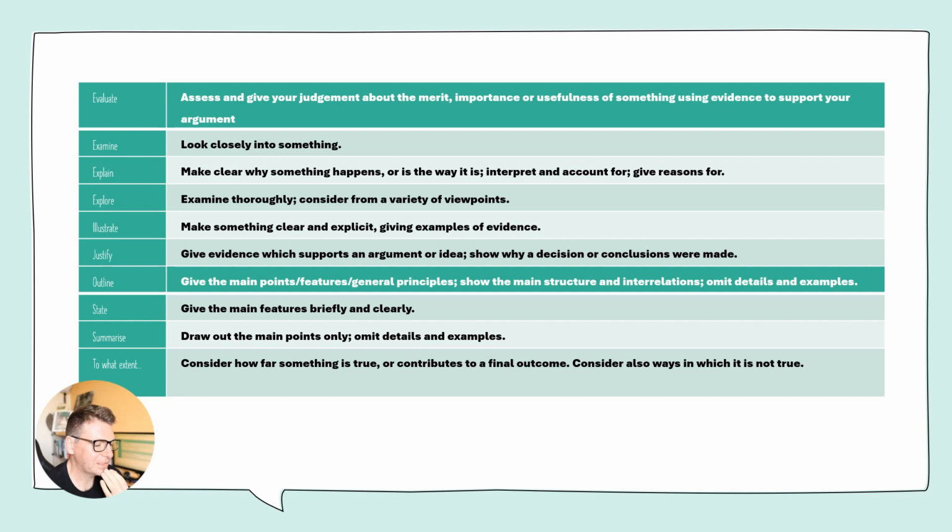If an examiner says, or even a supervisor says, you haven't examined stuff enough, or you haven't illustrated something enough, or where's your justification for that? All they're really saying is, I need to see more critical engagement. I need to see more academic rigor in your approach. And even that term rigor, all it's really saying is, indulge in academic writing and critically analyze. Don't just describe what's happening.